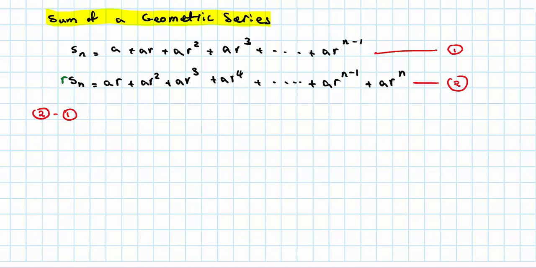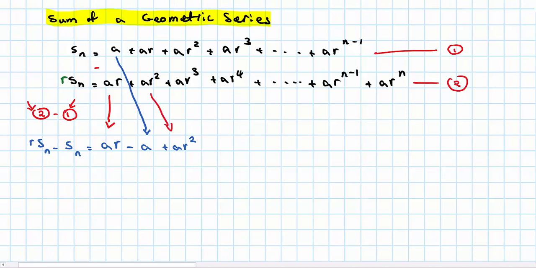On the left hand side, I would have r Sn minus Sn, and on the right hand side I would have ar minus a, then plus ar squared minus ar, and then plus ar cubed, minus ar squared, plus, and so on.